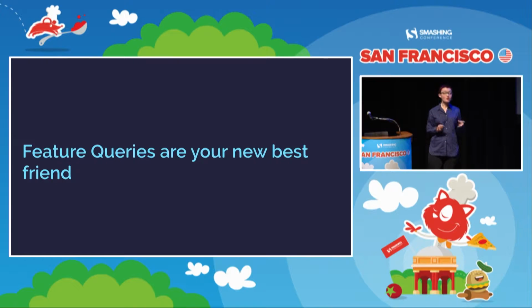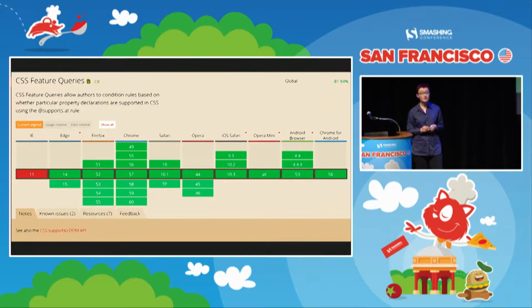So if you've ever used Modernizr, you'll understand what it does. And if you've ever used a media query, you know how to use it. And the nice thing about feature queries is they have really great browser support. And it doesn't matter about old browsers, because what we're doing is saying, do this old thing, but if you have support, do the new thing. So we can do the old thing for the old browsers and not worry that they don't support grid and they don't support feature queries. Well, that's fine.